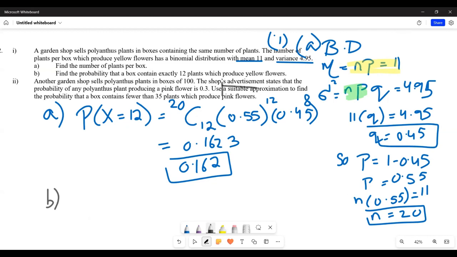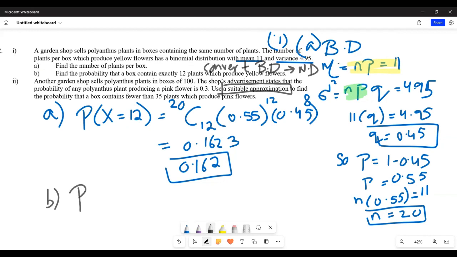This statement, suitable approximation, means you have to convert binomial to normal. Convert binomial distribution to normal distribution. This is what it means. Okay, use a suitable approximation to find the probability that a box contains fewer than 35 plants which produce pink flowers.